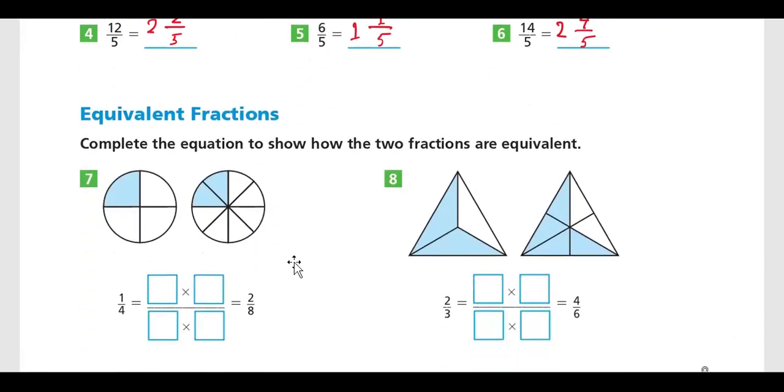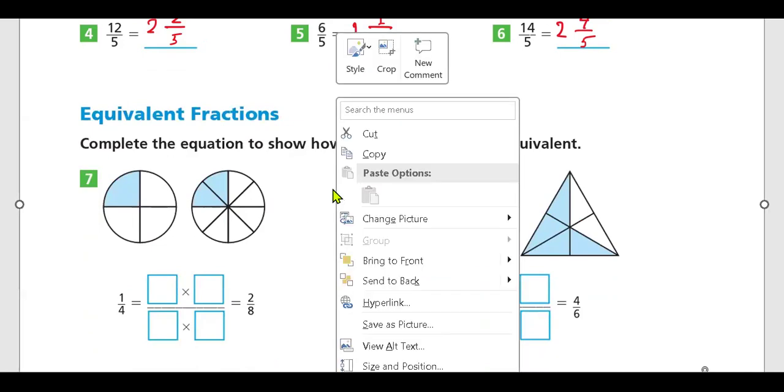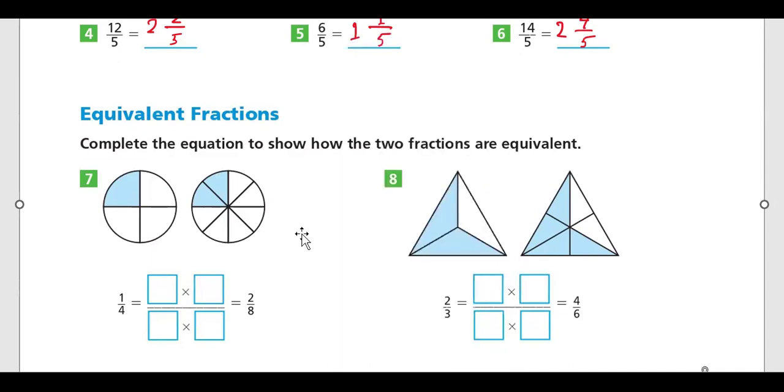Now, equivalent fractions. As we see, this is 1 over 4. If you multiply by 2 up and down, why multiply by 2 up and down? 2 up and down is 1.